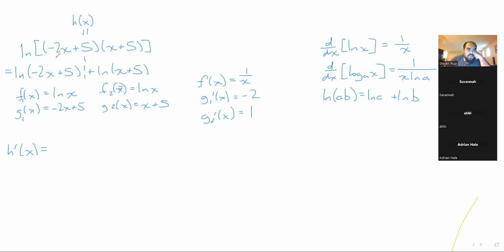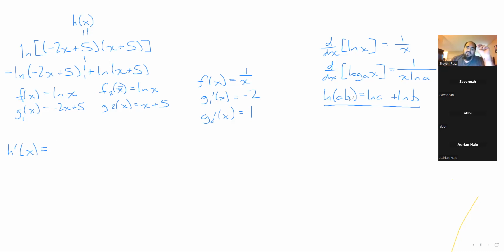So first of all, let me ask, are you okay with how I got from this top step to the next one down? Kind of. Did you just like separate it? So I separate it using this idea here, and that's something that is true of all logarithms. Basically it's the product rule of logarithms.